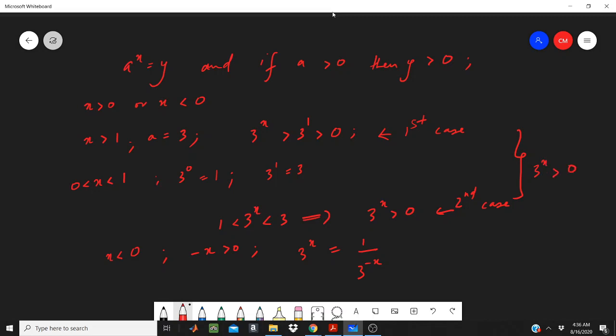And here minus x is positive, so 3 raised to that positive number is again greater than 0. And 1 is of course greater than 0. So our result is greater than 0. So over here too, we see that 3 to the power of x is greater than 0. So what we learn from this is that, okay, let me make it another color.